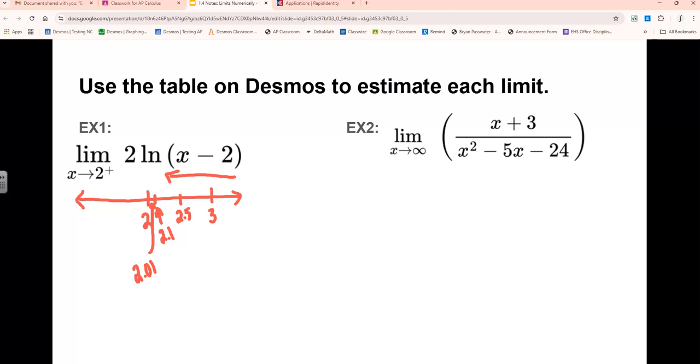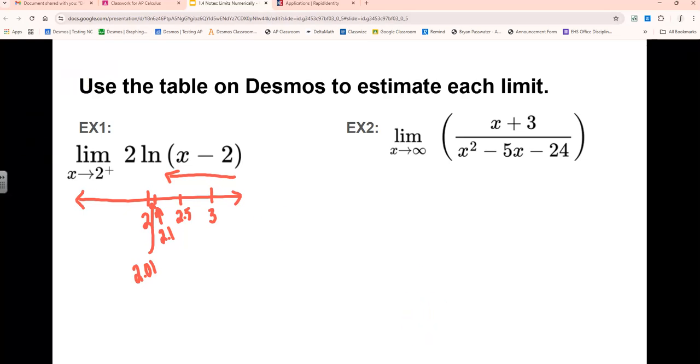Especially when you get to negative numbers, I find kids, and I find myself, doing this wrong sometimes. Sometimes I'll do, for no really good reason, 2.9, 2.99, 2.999. What is that getting closer to? 3, right? I just get confused because I'm not focused in, especially with the negative numbers because they're a little bit different. So if you need to, draw yourself this out.